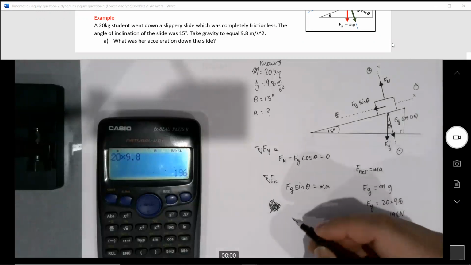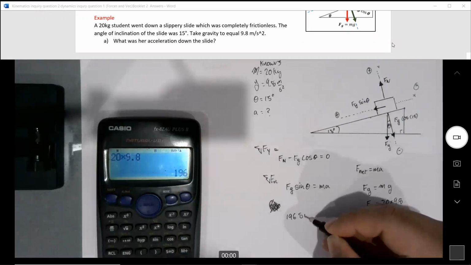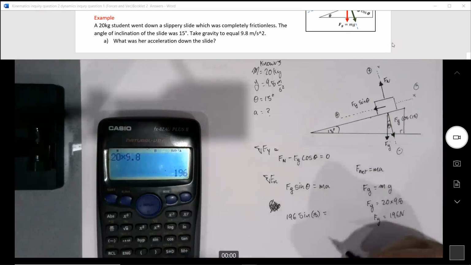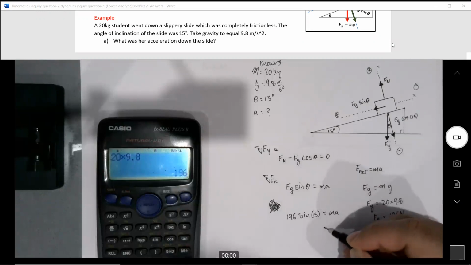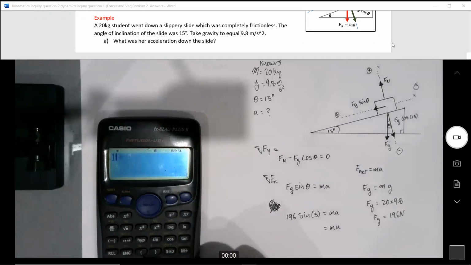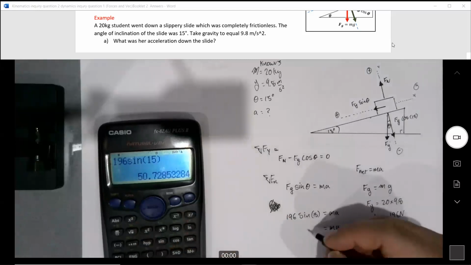So we can substitute that there. ma is equal to 196 sine of 15 degrees, 51 newtons.